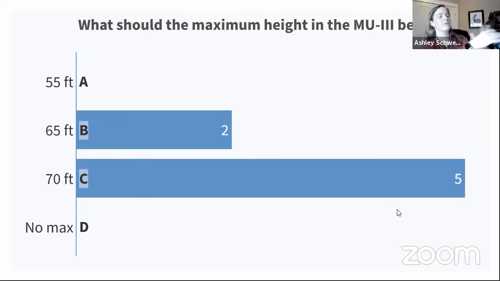I don't know if you can answer this for me, but how many times are we seeing a step down from this potential MU3 down to, say, an RM2 versus an RM1 versus an RS, in terms of the step down of intensity of use from that parcel that's immediately adjacent to the core network?